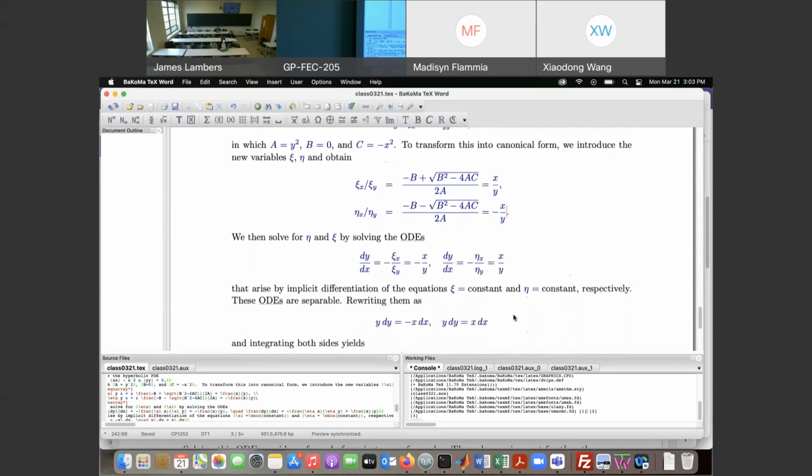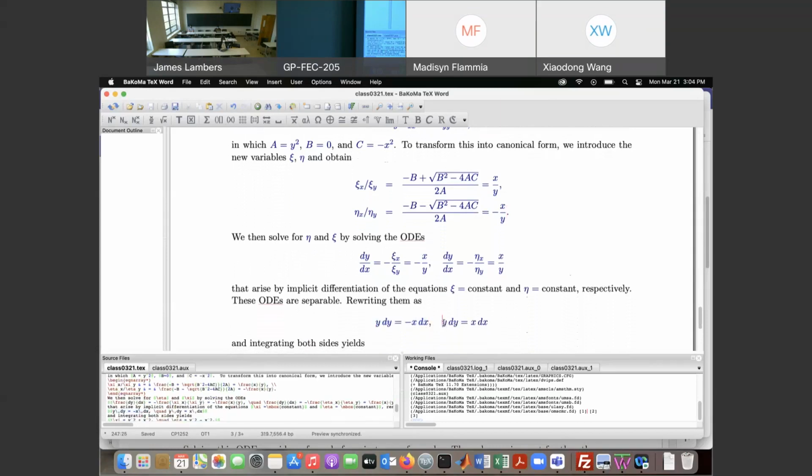In this case, the ODEs are separable, so they're among the nicer kinds to solve. So rearranging them, you get these two. And then you can integrate both sides, left side with respect to y, right side with respect to x.